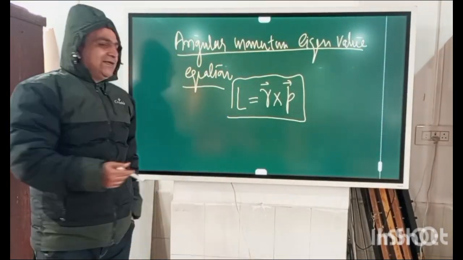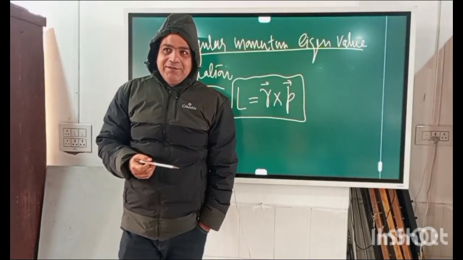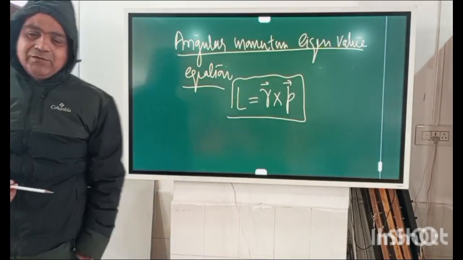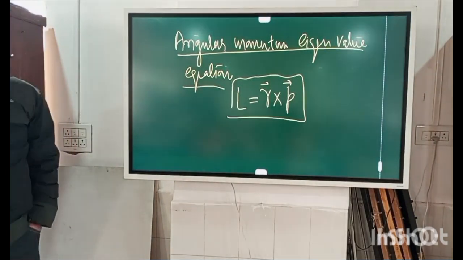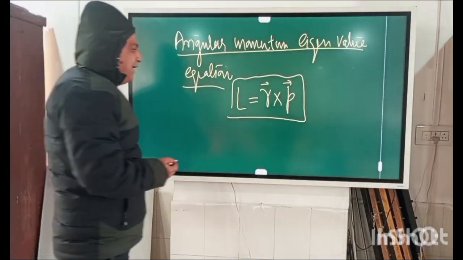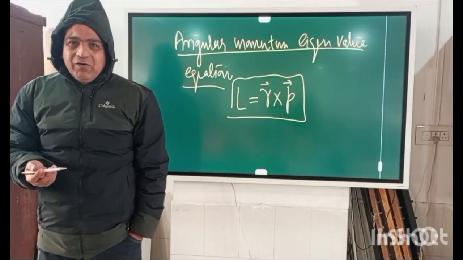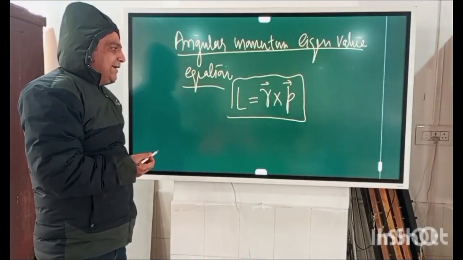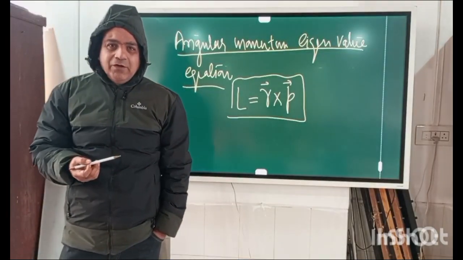This is our classical angular momentum, and if I have to write down the replica of this classical angular momentum, I'll have to write it in terms of operators. So for P, I will be using the operator for momentum, and I will have an equation in terms of operators.